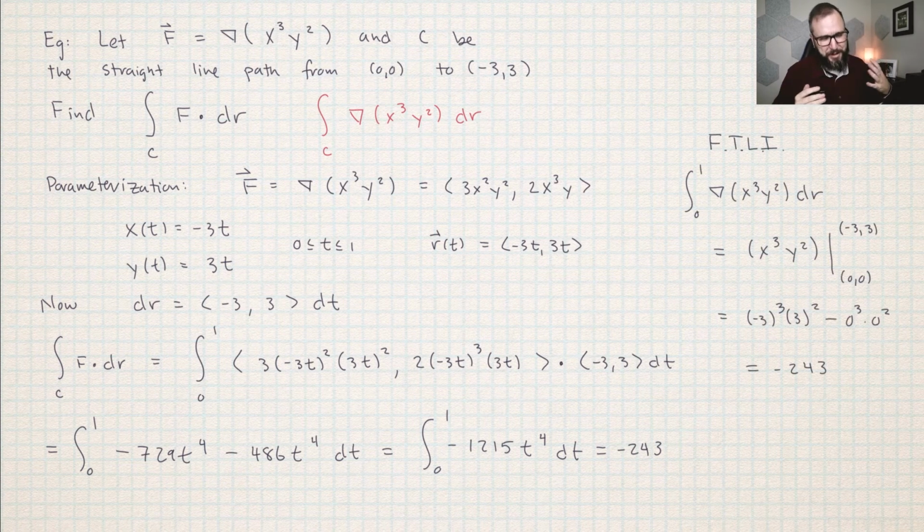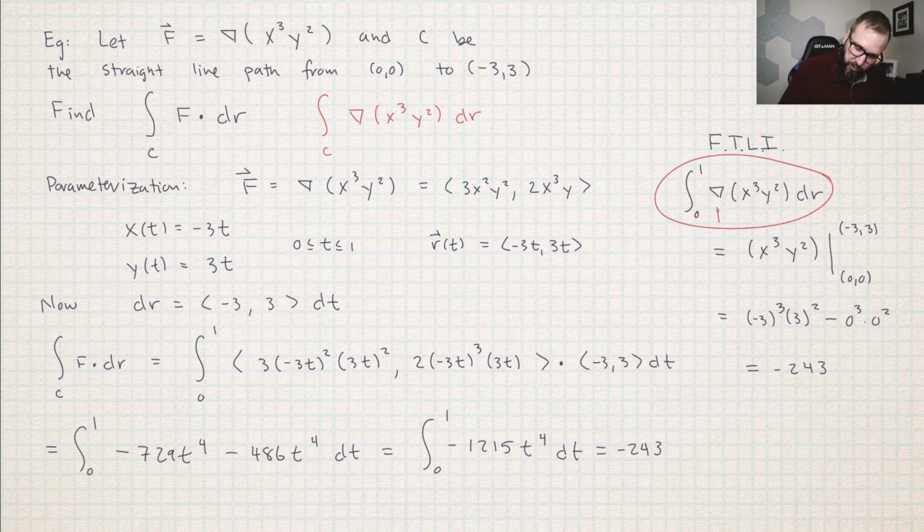All right, so that was a little bit easier. Let me walk you through this time. All right, so what does the fundamental theorem of line integrals say? It says that if you're trying to do a line integral of the gradient of some function, all you need to do is, oh, I have this set up wrong. This should be the integral from 0, 0 up to negative 3, 3.